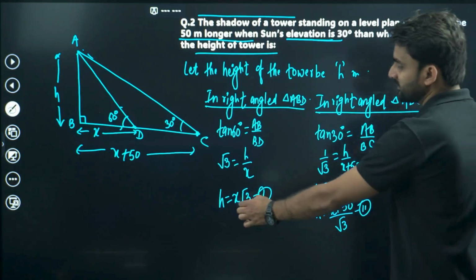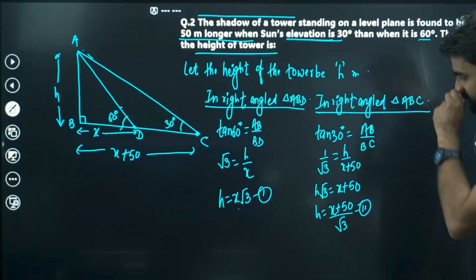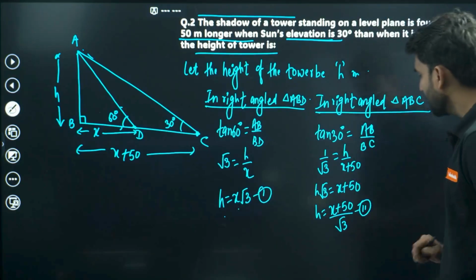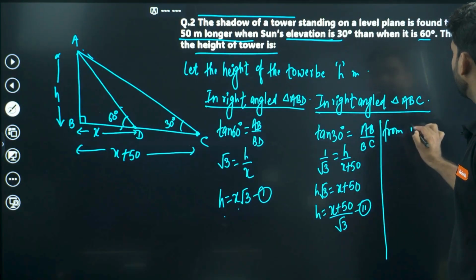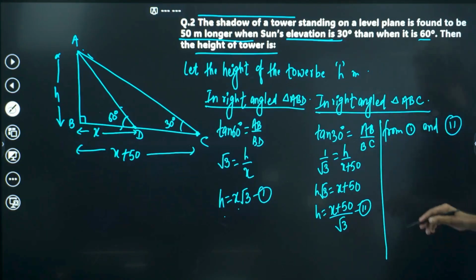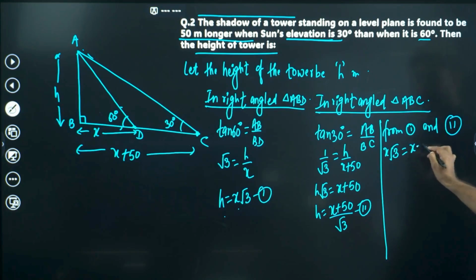So you have h equals x √3 here in the first, and you have h equals this function in the second. If this is equal to h, and this is also equal to h, we can equate. On equating from first and second, x √3 will be equal to x plus 50 divided by √3.